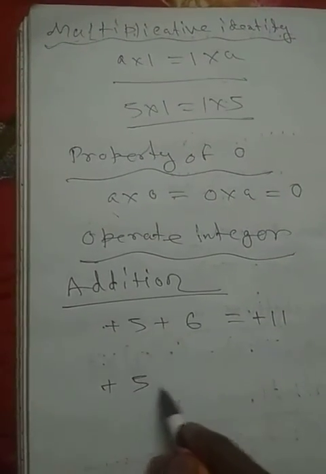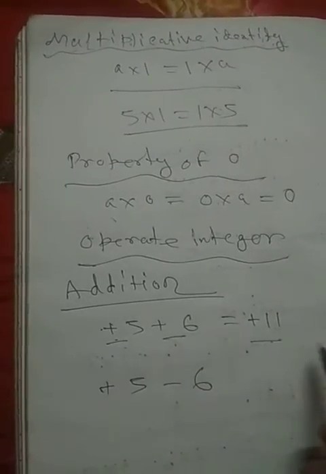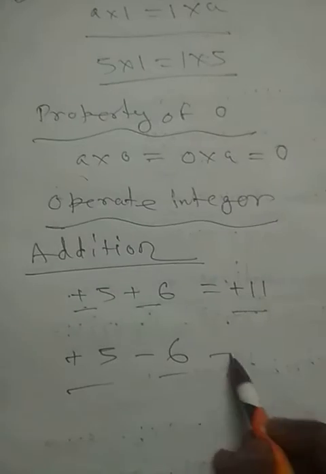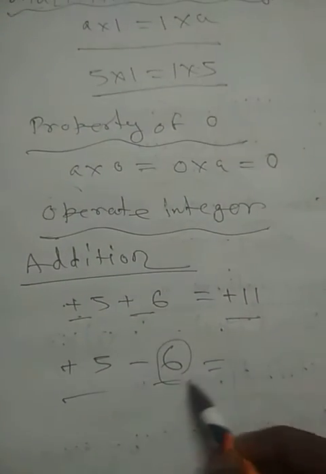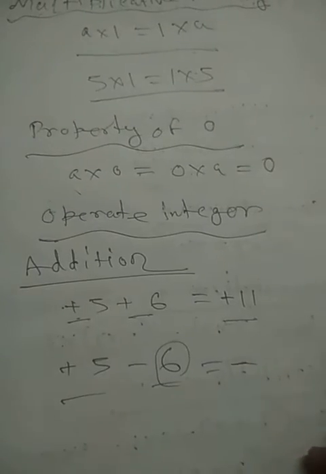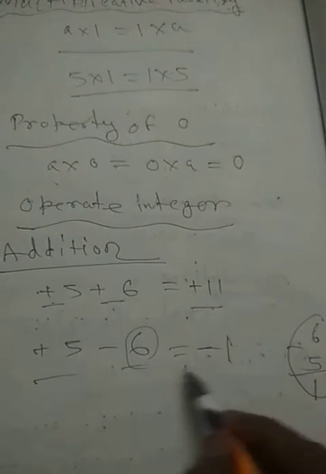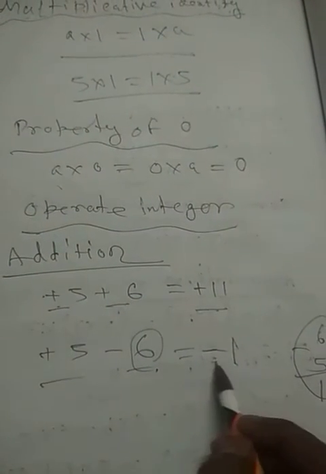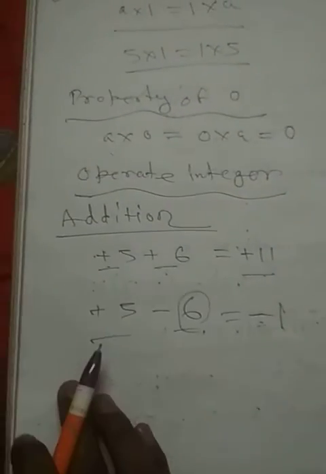Plus 5 minus 6. In case both are positive, the result will be positive. If one is positive and one is negative, the sign will be that of the greater one. Here the minus sign is greater, so there will be a minus sign and you have to subtract. That means 6 minus 5, you have to do, is 1. The sign of the greater one will be there and you have to do the subtraction.